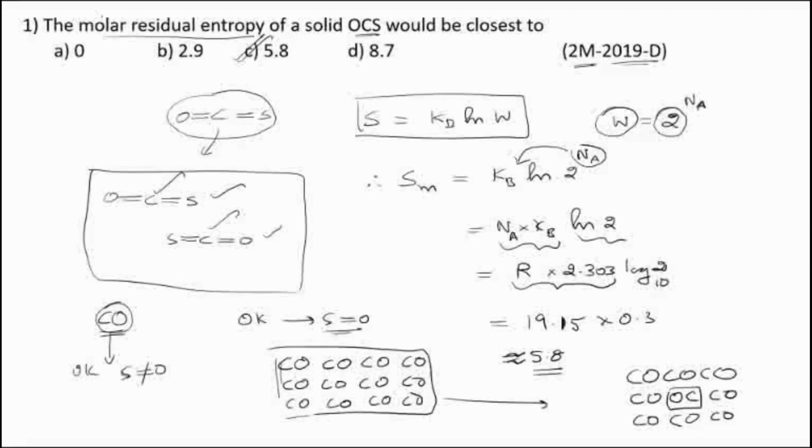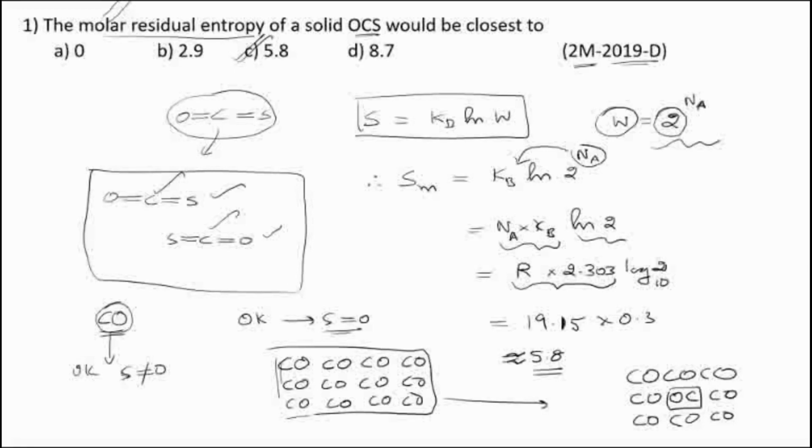Since our goal is to calculate molar entropy, that number should be Avogadro number. So that's how the formula came: W is equal to 2 power Avogadro number. Any doubt? No, sir.